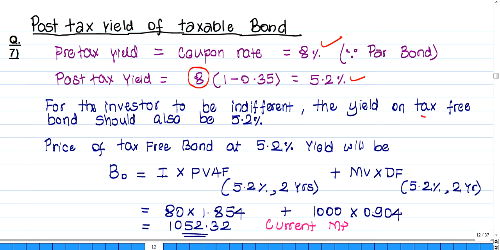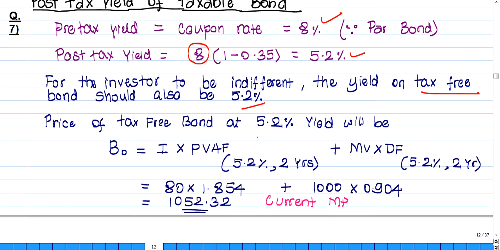If you are getting 5.2 from a tax free bond, it will be equal to the first bond, because you are paying the 35% tax.